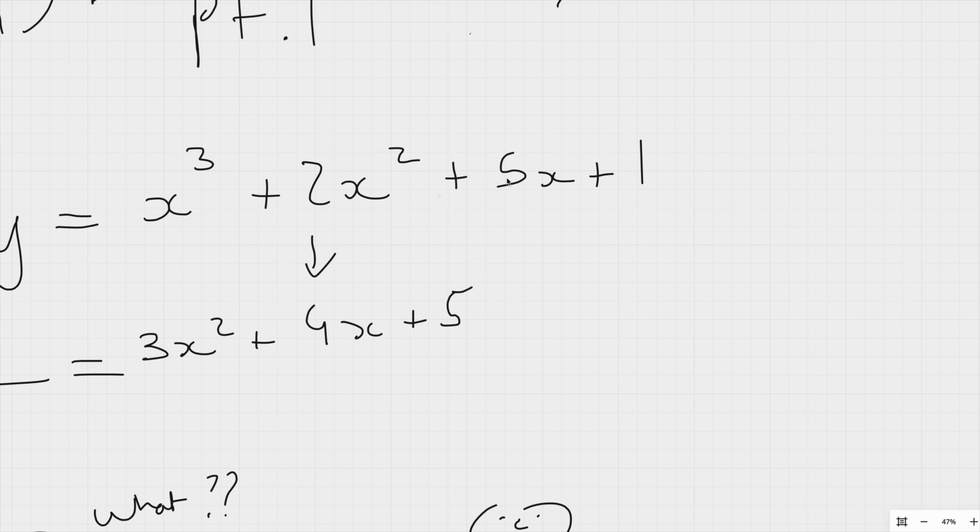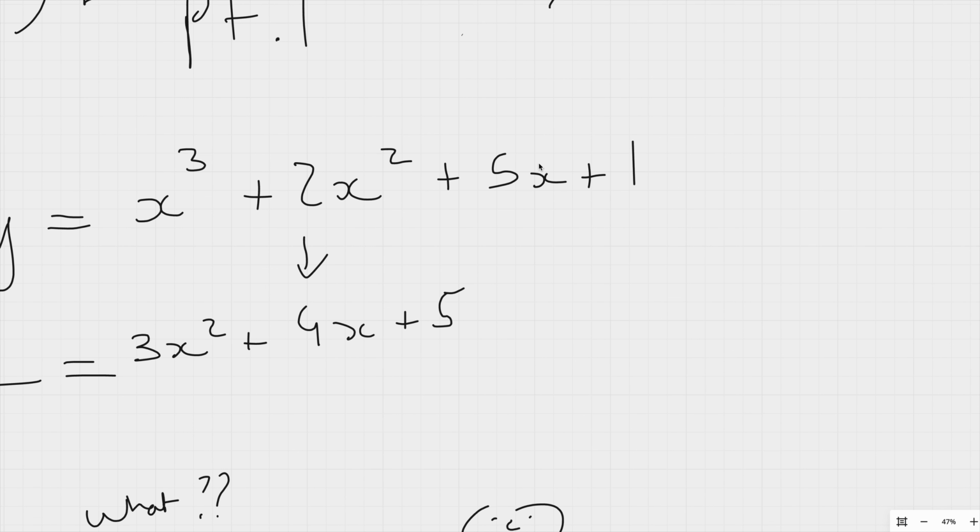Then bringing down the 1, the x disappears. 5x to the power of 1 becomes 5 times 1x to the power of 0, and anything to the power of 0 is 1. So it will only give 5. And a constant on its own will not give anything, so it will basically disappear.